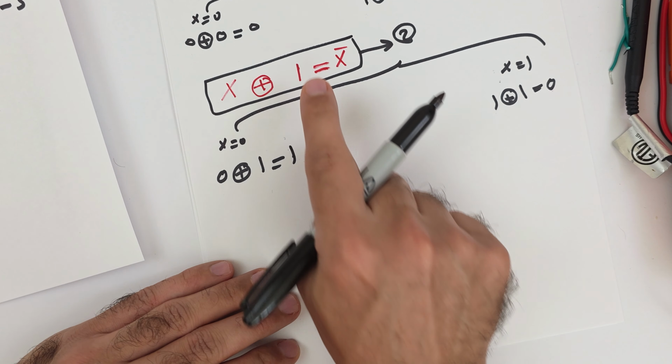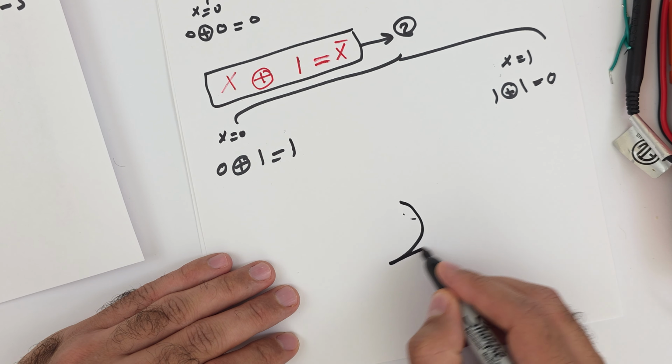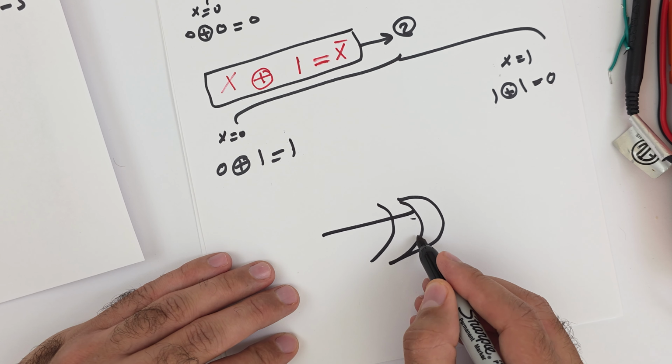That means we can use this circuit like this. Put 1 here and any value, any number here, and the output will be this value. So this is the first complement. And if we replace the value 1 with 0, the output will be x, not x bar.